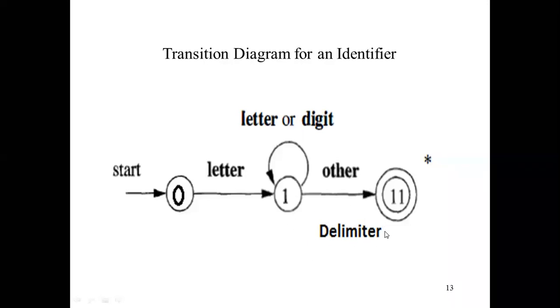So these spaces are called the delimiter. We will move in this fashion, and we can draw the transition diagram for identifier. Here this is the final state or the accepting state. Here we will get the identifier finally, and we will retract from here and move to this side.